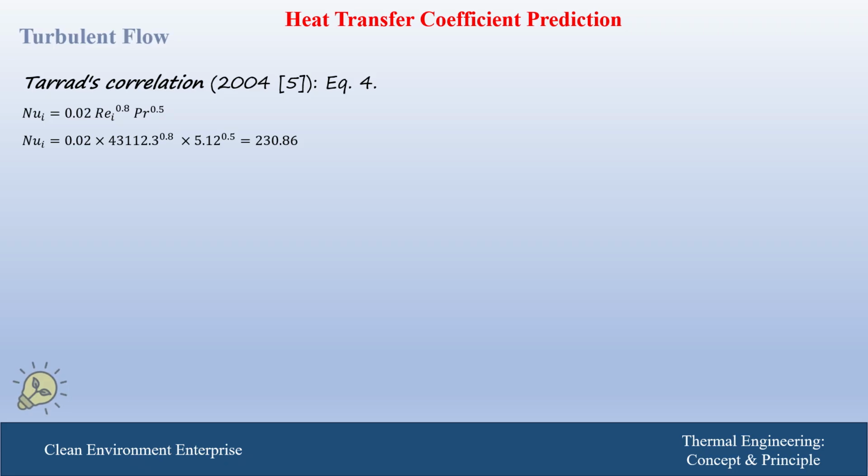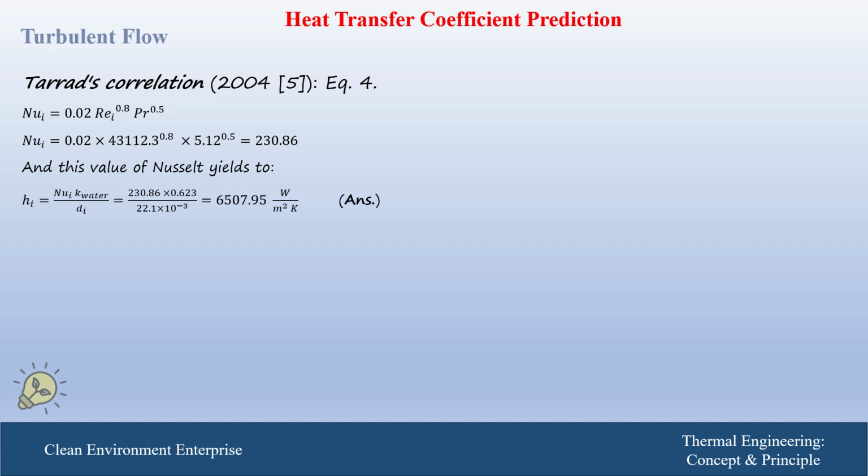The Nusselt number will be 230.86, and from the definition of Nusselt number we may calculate the heat transfer coefficient of water to be 6,507.95 watt per meter square Kelvin, and this is the answer by using the Rads correlation.